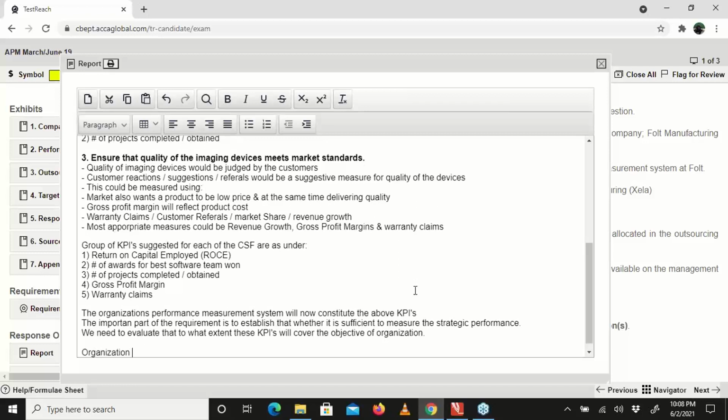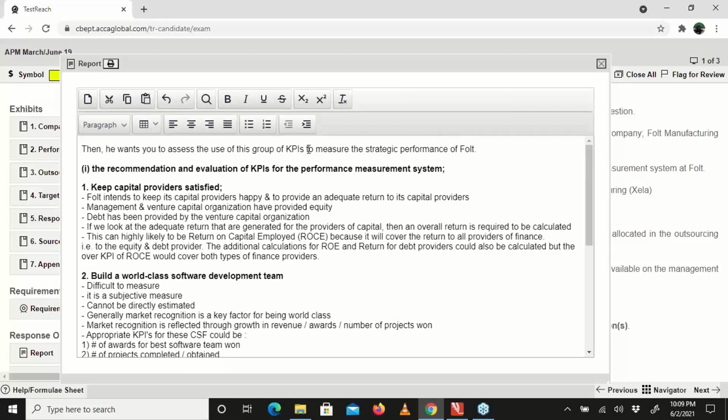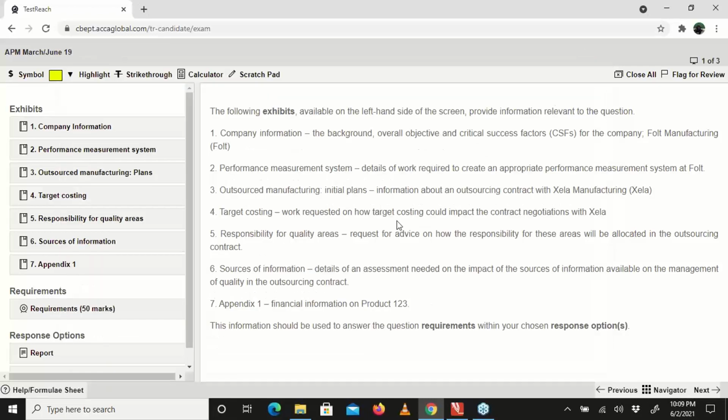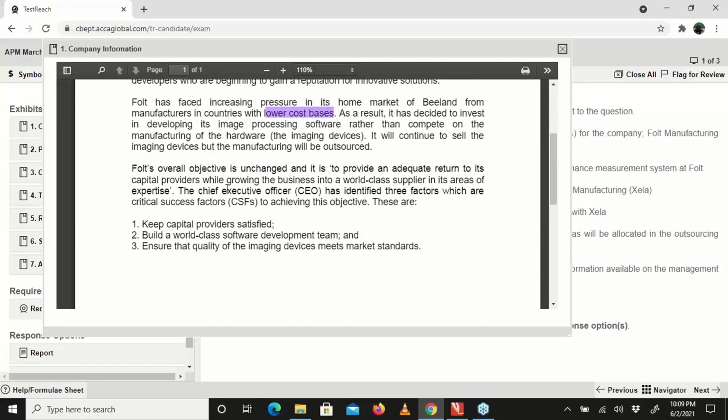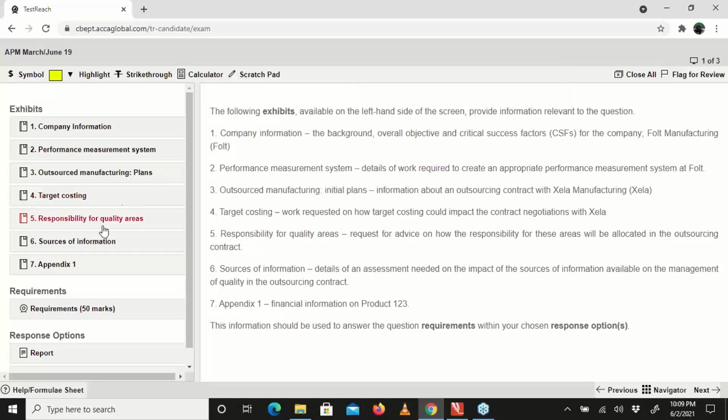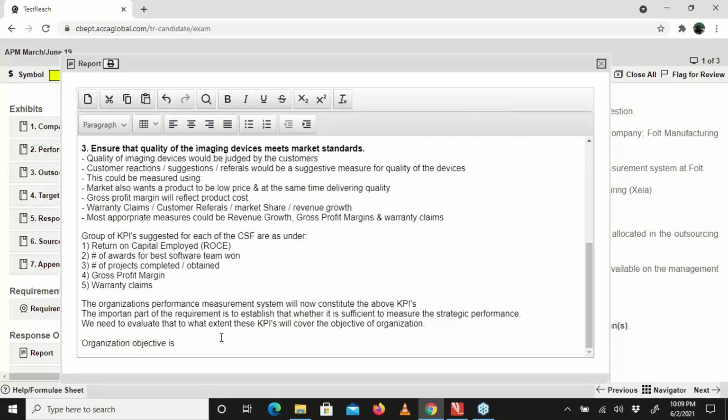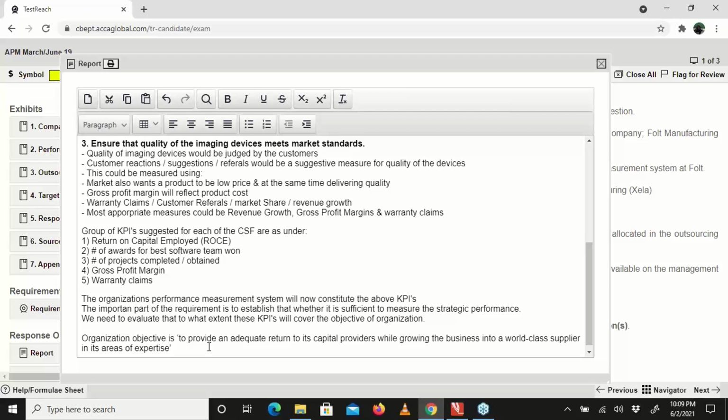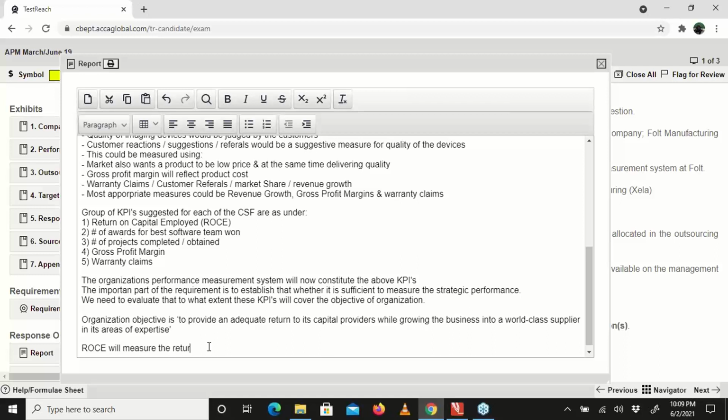So the organization's objective is to provide adequate return to its capital providers while growing the business. ROCE will measure the return. The awards will talk about the organization's status as the world class supplier.